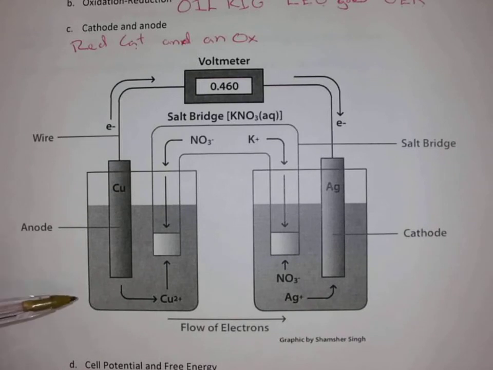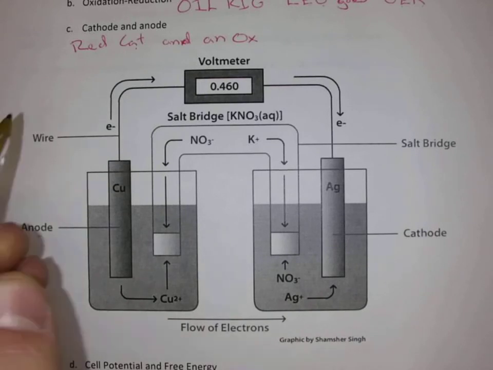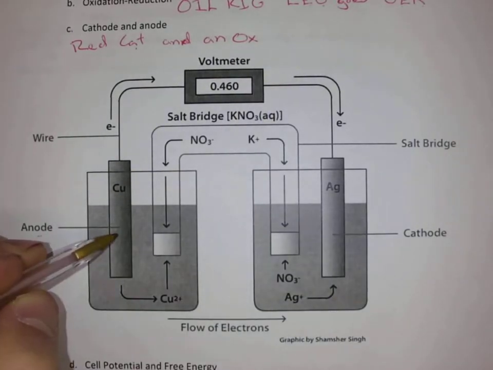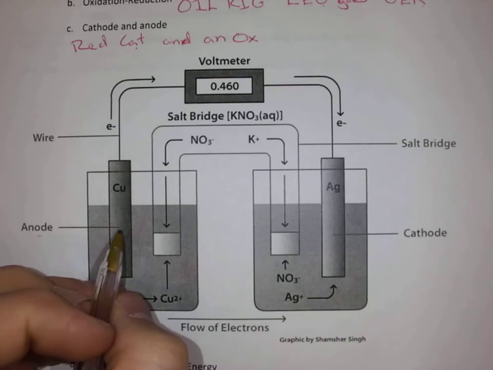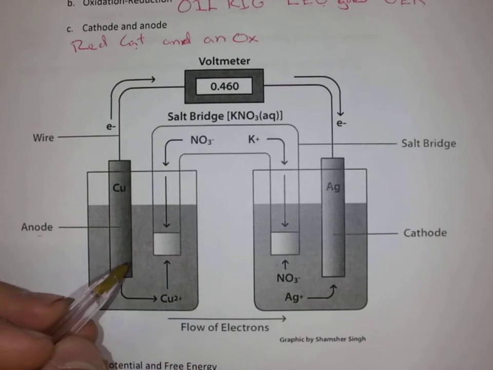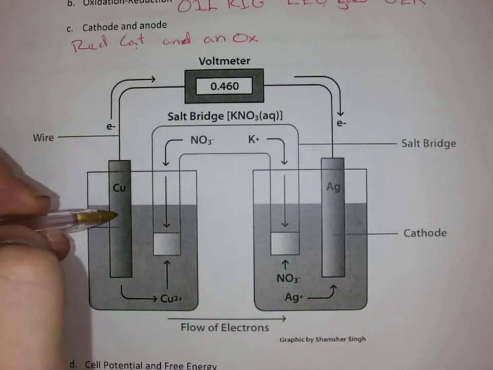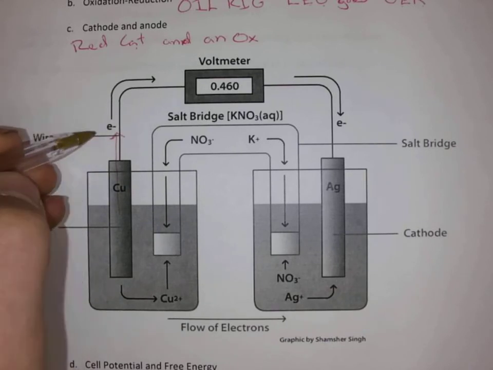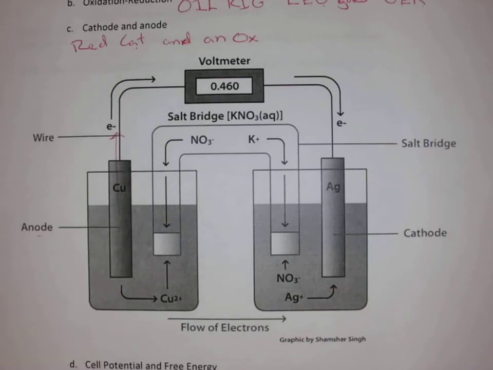Over here, we have it labeled as the anode. At the anode, we are going to have an oxidation reaction, okay? The oxidation reaction is going to be losing electrons. So that means that our copper is going to be losing electrons. Those electrons are going to travel up this wire, okay? You can see our electrons are traveling up that way.